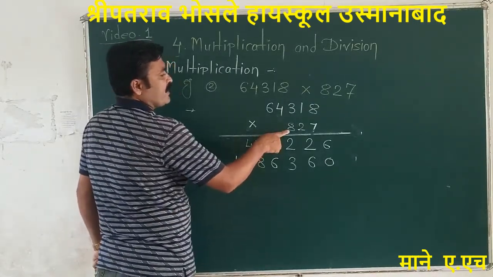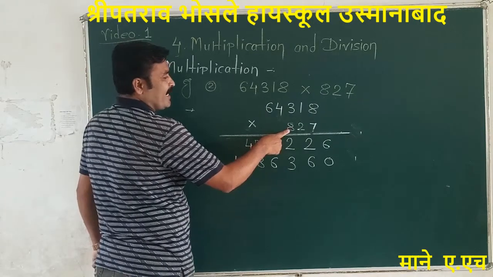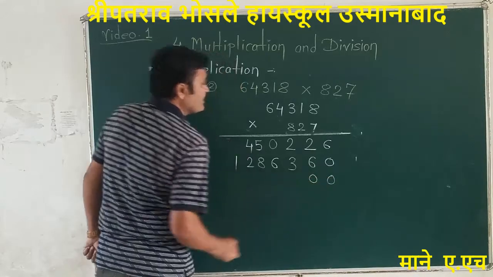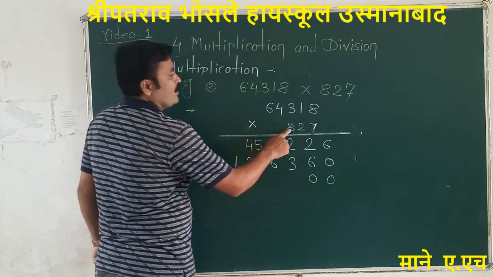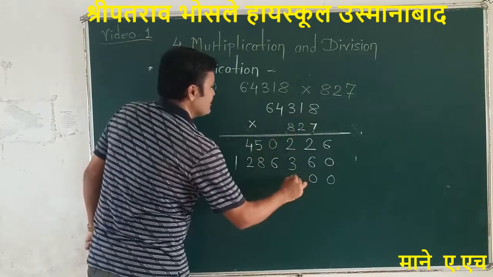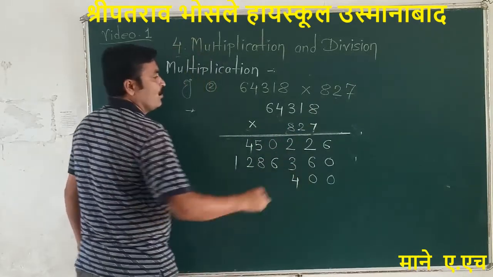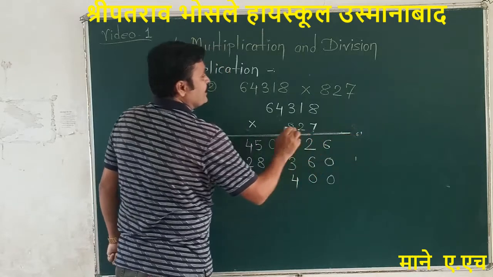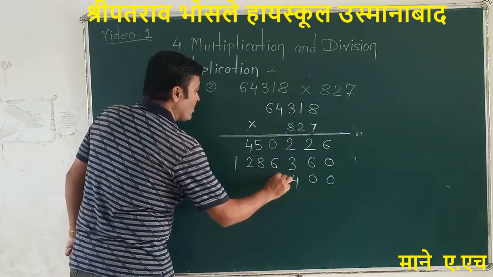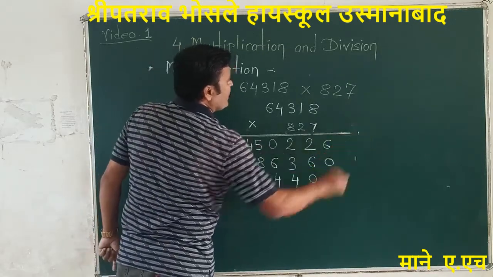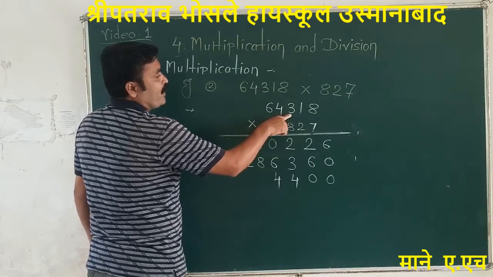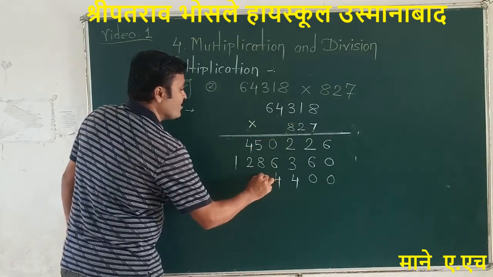Now we want to start the third multiplication by 8. So before starting we take 2 zeros there. Now start by 8. Use the table of 8 here. 8 into 8, 8 8s are 64. Write here 4, 6 taken as carry. 8 1s are 8, 8 plus 6, that will be 14. Write here 4, 1 as carry. 8 into 3, 8 3s are 24, plus 1, 25.